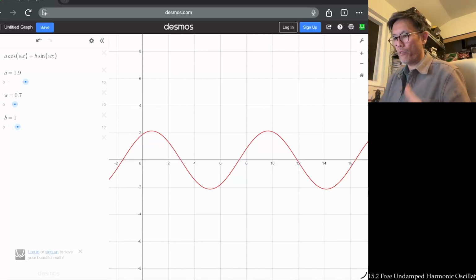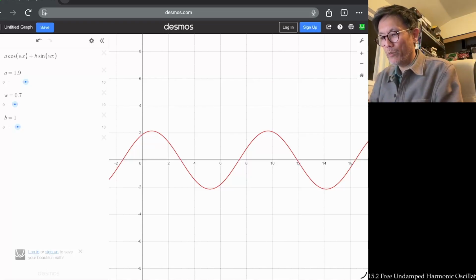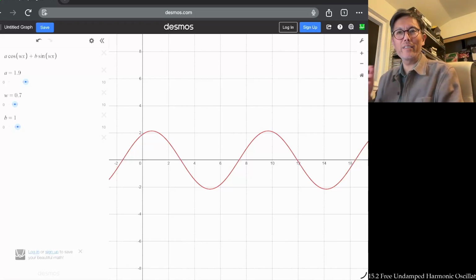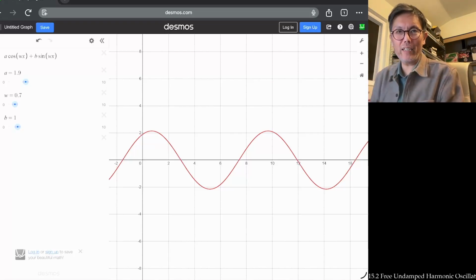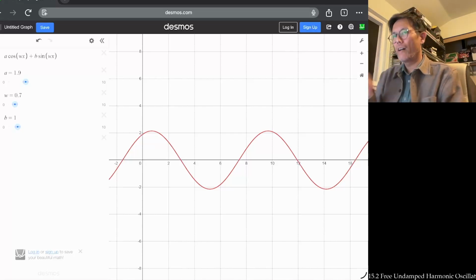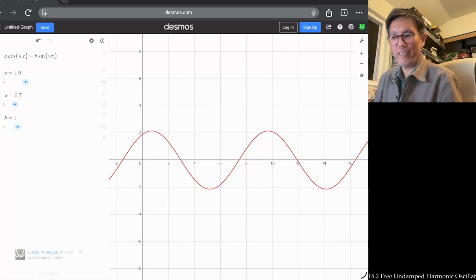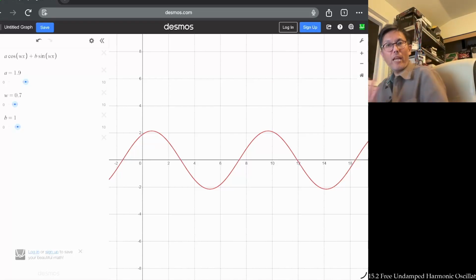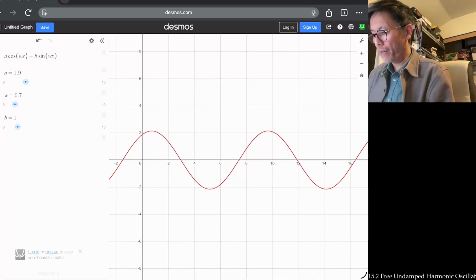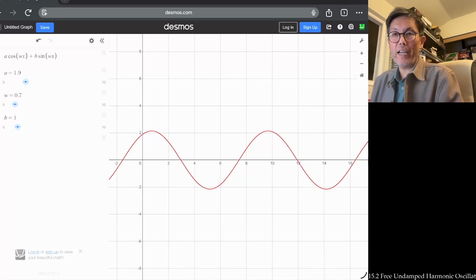If you look carefully at the formulas, you'll see that I used x instead of t because the independent variable in Desmos is x, and I used w instead of omega. I didn't find any Greek letters handy. But with Desmos, I'm able to do some experiments, like adjusting the values of A, B, and omega. And then we can see what happens to the solution.